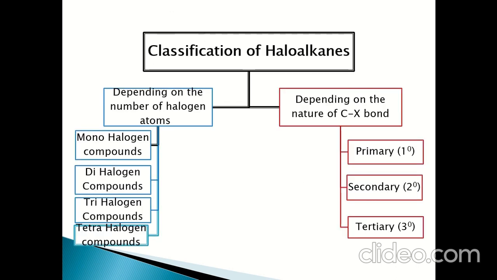Now, classification of haloalkanes. Depending on the number of halogen atoms, they are classified into monohalogen compound, which means 1, dihalogen compound, which means 2, trihalogen compounds, which means 3, and tetrahalogen compounds, which means 4. Depending on the nature of carbon halogen bond, they are classified into primary, secondary, and tertiary.